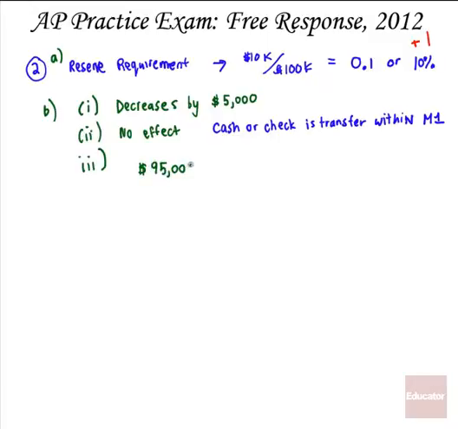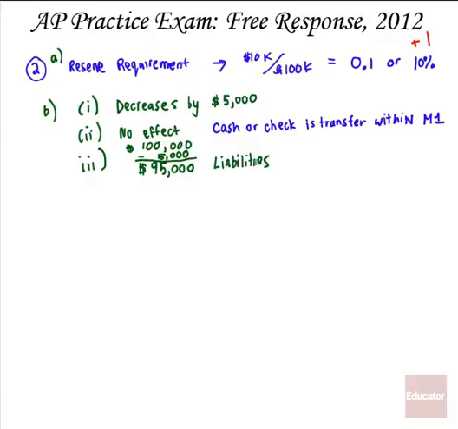If you take $100,000 minus $5,000, the amount is $95,000. That's from the liability standpoint. That is the new amount of liabilities, because now there's only 95,000 that you really have to give back to your bank customers.